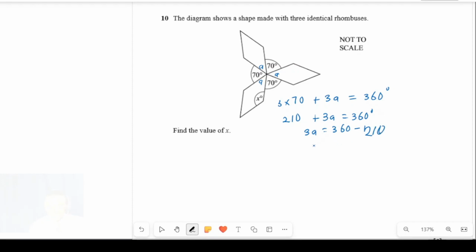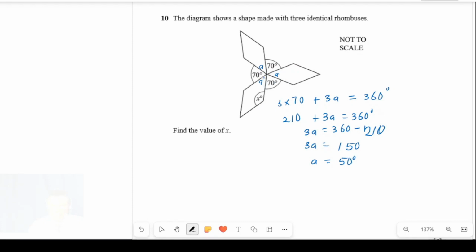So can we subtract that? 60 take away 10 is 50. So 300 take away 200 is 100, so 150. So A is equal to 150 divided by 3, which is 50 degrees. So here is 50 degrees.